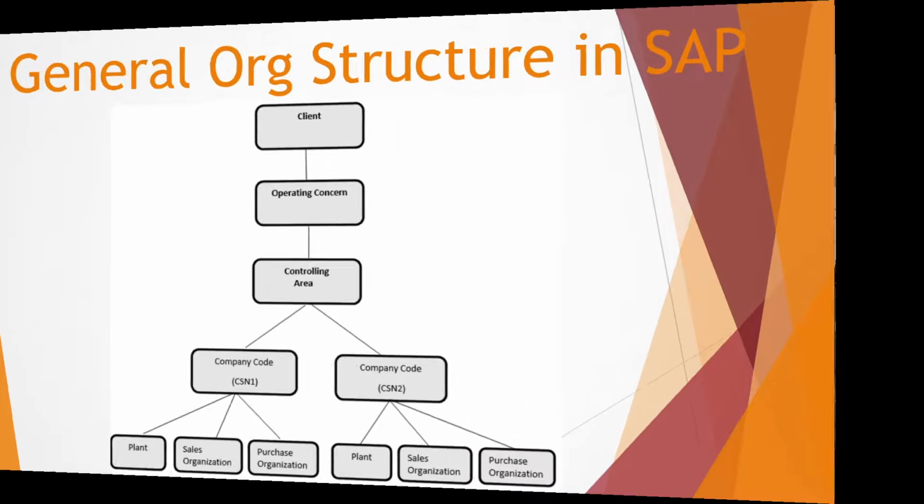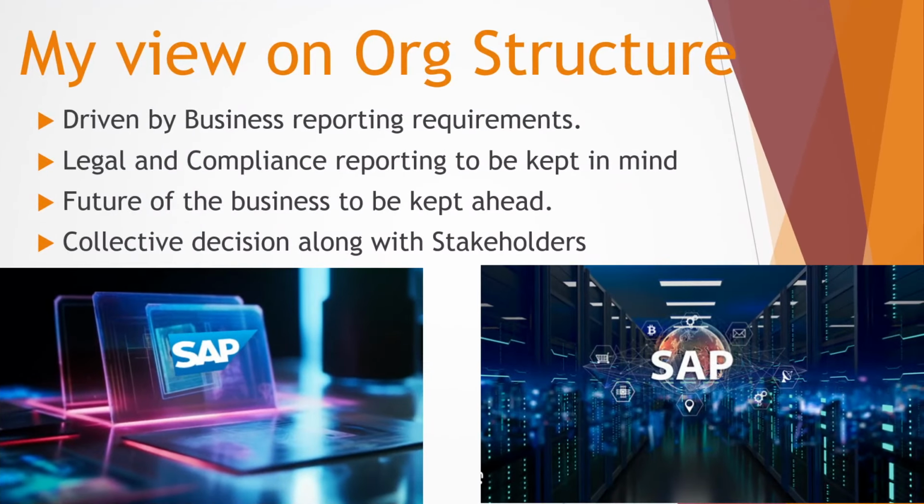Let's move further. Now, my understanding based on my experience so far is that the org structure is always defined by the business reporting requirement. How they want to have the reports, at what all different levels they want to have reports. They can have legal requirement, accounting principle requirement, international reporting requirement.